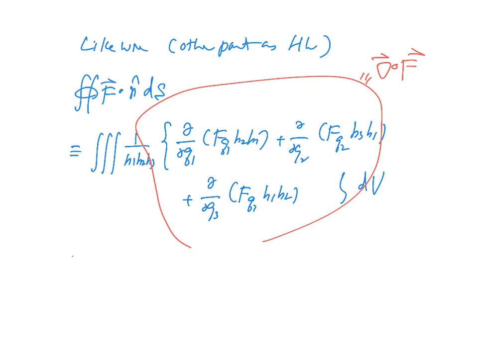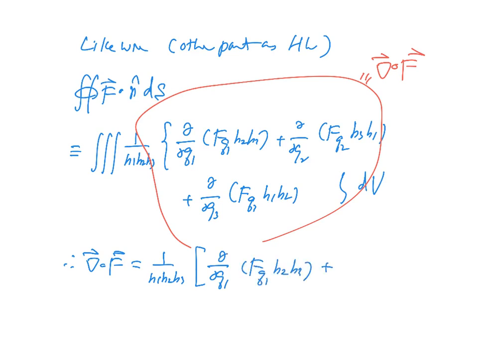Divergence of F is 1 over H1, H2, H3 times partial Q1 partial FQ1, H2, H3. So there's nice symmetry. Plus partial Q2 partial FQ2, H3, H1, plus partial Q3 partial FQ3, H1, H2.